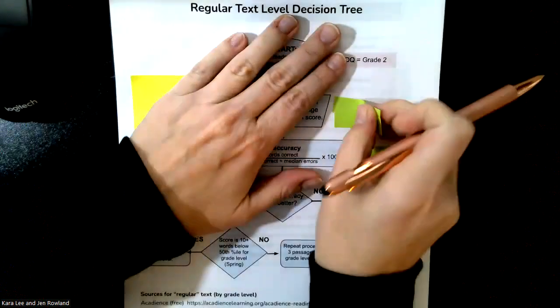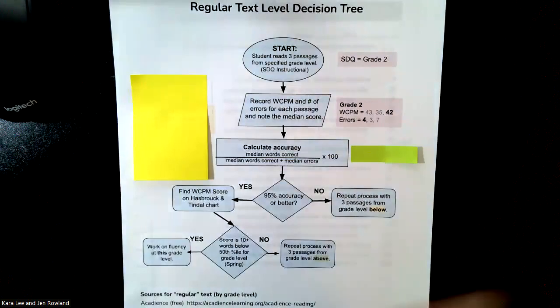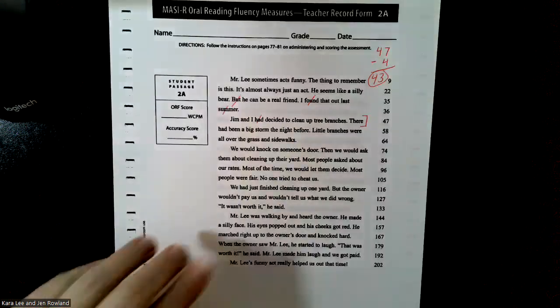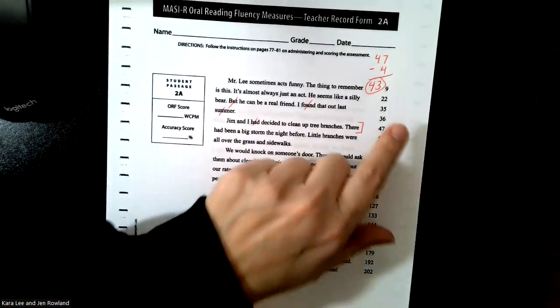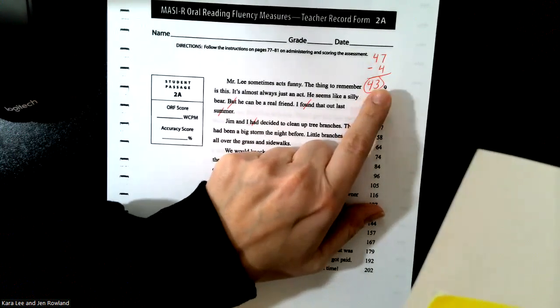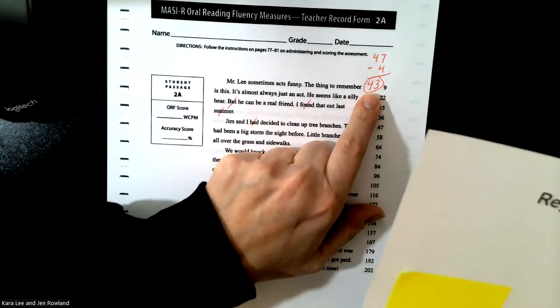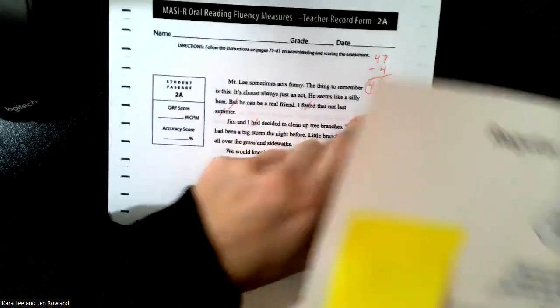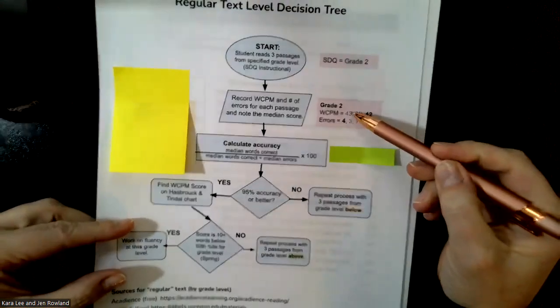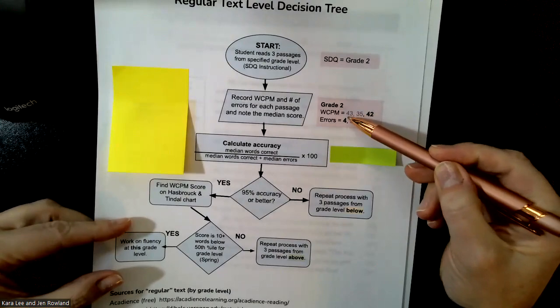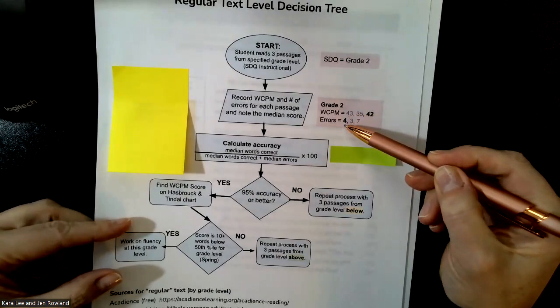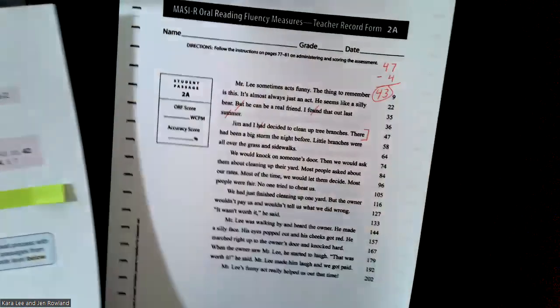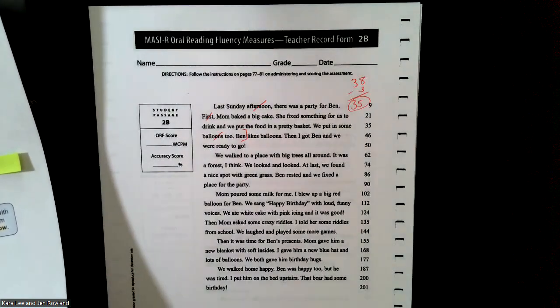Okay. So let's take a look here. Here was the first passage. She got 43 words correct and 4 errors, right? So you see a 43 written right here and a 4 written here. But remember, I give 3 passages. So let's see what the next passage says.